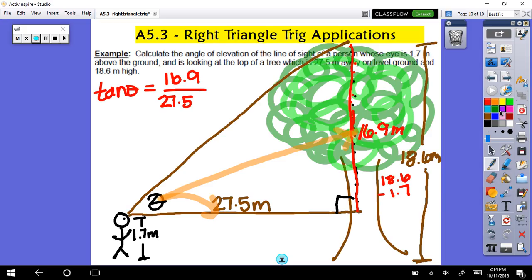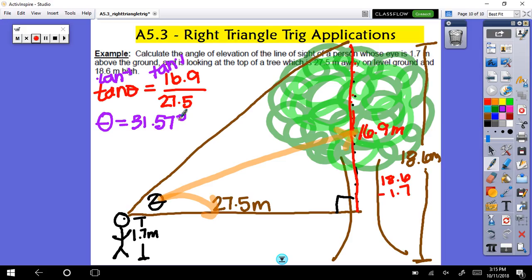We should know now, because we've done it several times, how to get the tangent off of the theta. I take tangent inverse of both sides. So theta is equal to 31.57 degrees. There's one application problem.